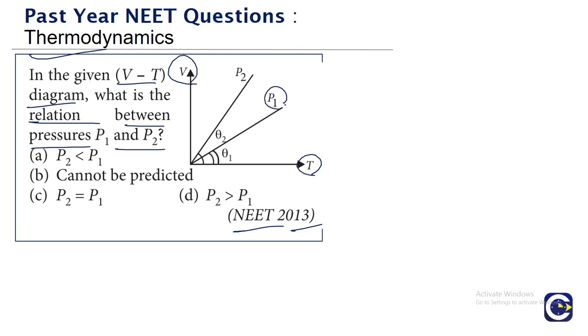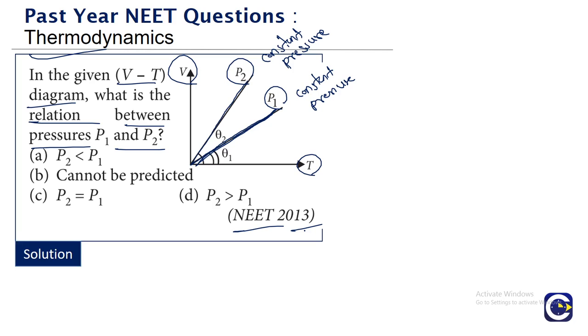If you look at the line representing the pressure P1 and the line representing the pressure P2, these are basically constant pressure lines. If you draw the graph of any process on the VT diagram, a straight line passing through the origin means it is a constant pressure process.